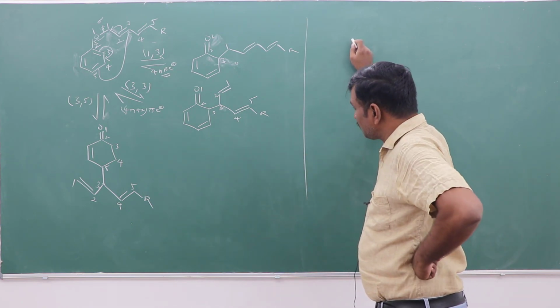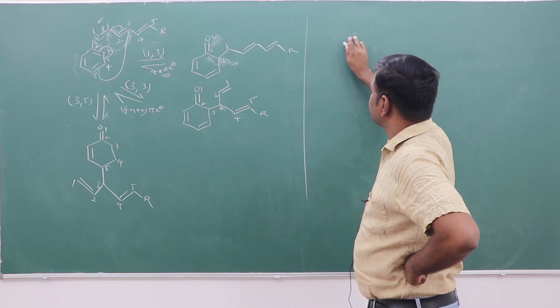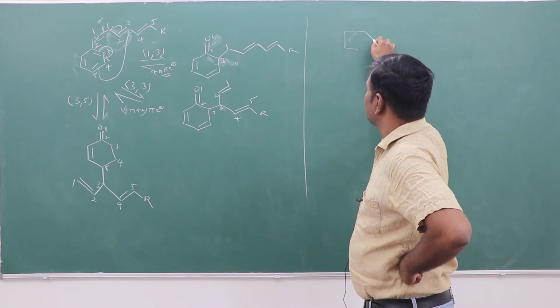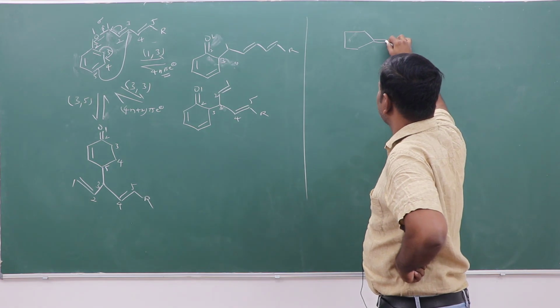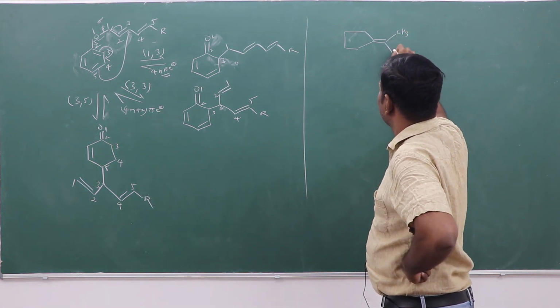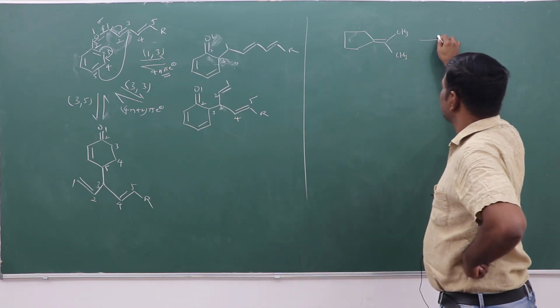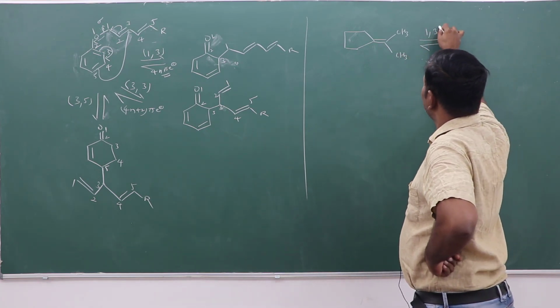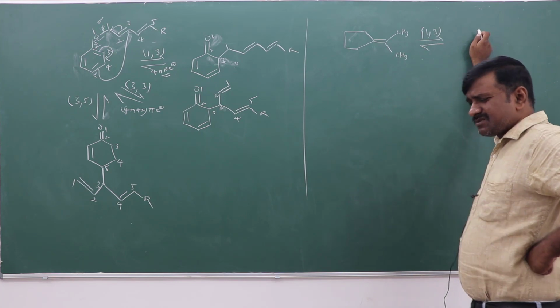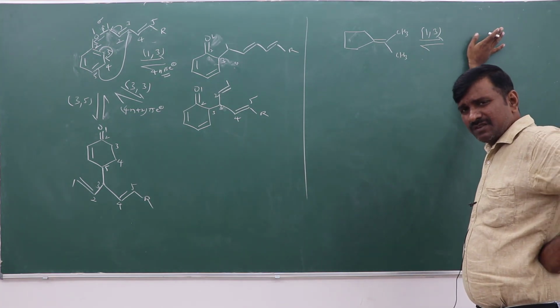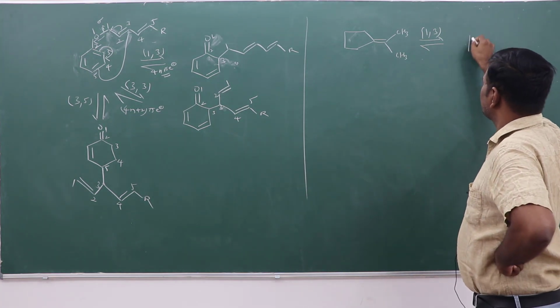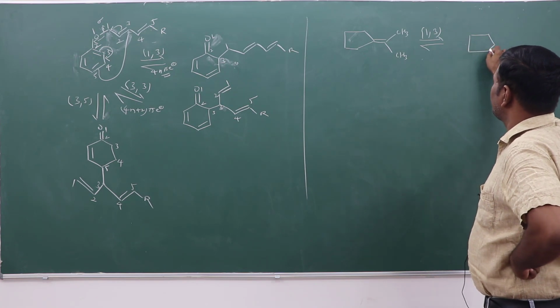So another molecule, another example. CH3. 1, 3 sigmatropic shift takes place. What will happen? Or if the resulting product is given. The product is also given sometimes, from an examination point of view.